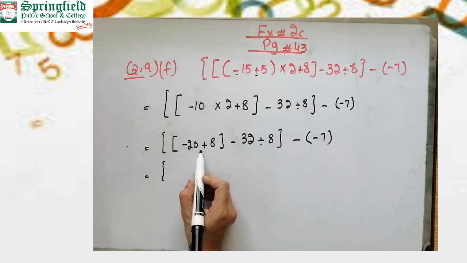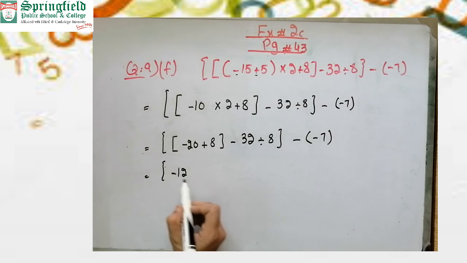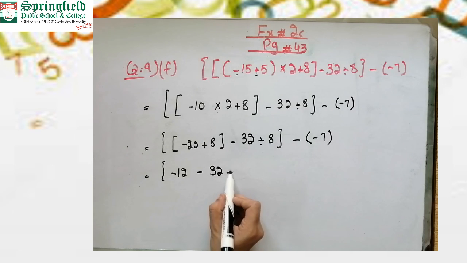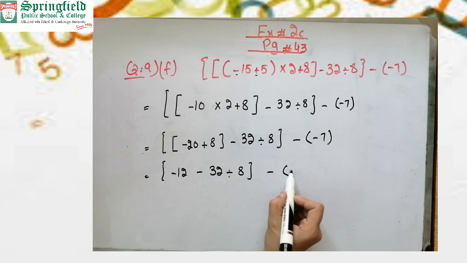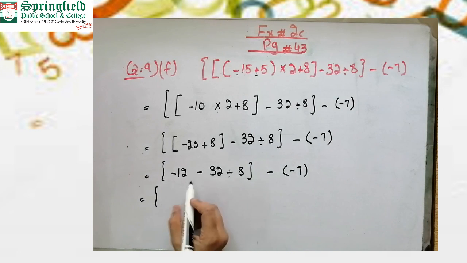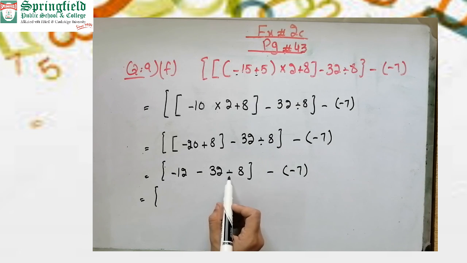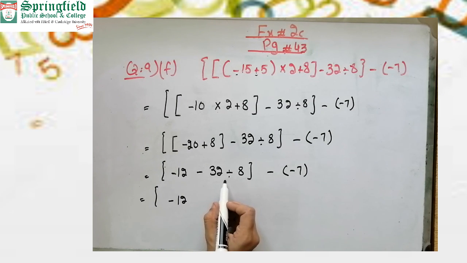Okay, now curly bracket. Now solve the square bracket. Minus plus minus. 20 minus 8, 12. The sign will be minus. Minus 32 divided by 8, then curly bracket close, minus 7. In the curly bracket, division and subtraction are being used. So which one will come first? First we will solve the division sign.